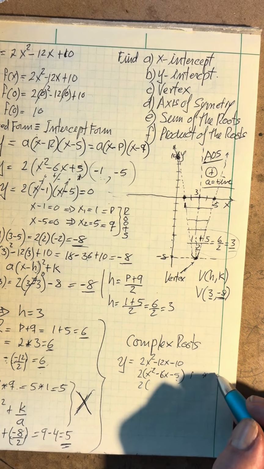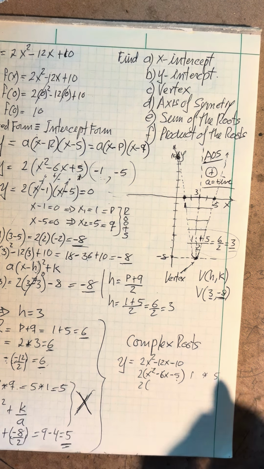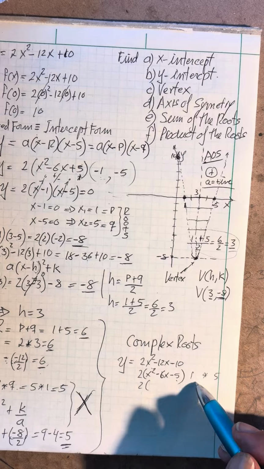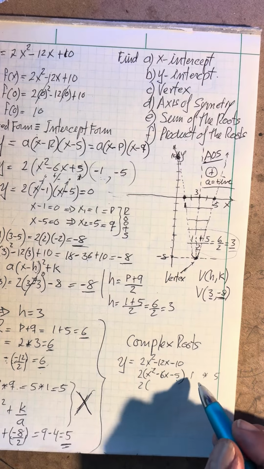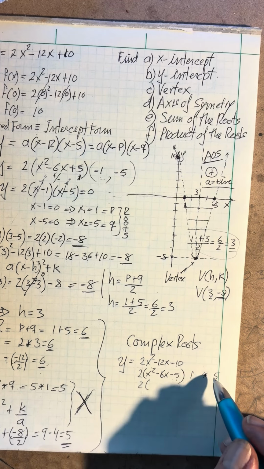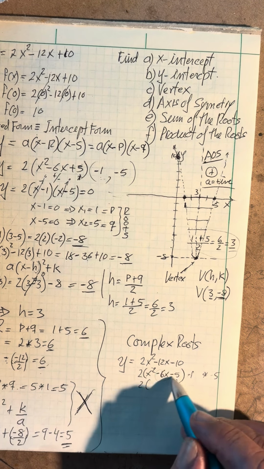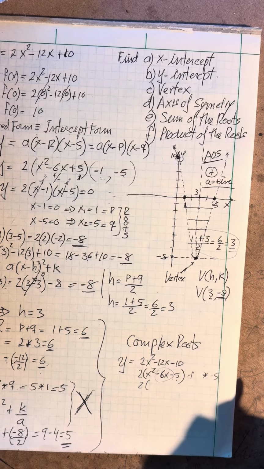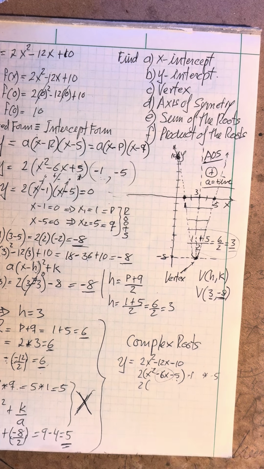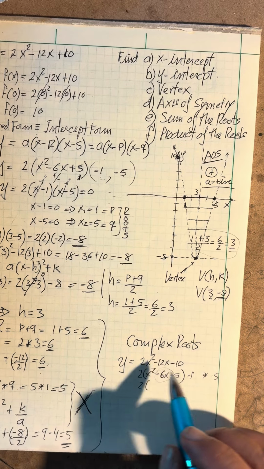The only two numbers that we can use are 1 and 5, but there's no way that I can multiply these to get negative 5. I have to make the 1 a negative or the 5 a negative, but if I do that, then they will be subtracting, they will never get to 6. So that doesn't work.